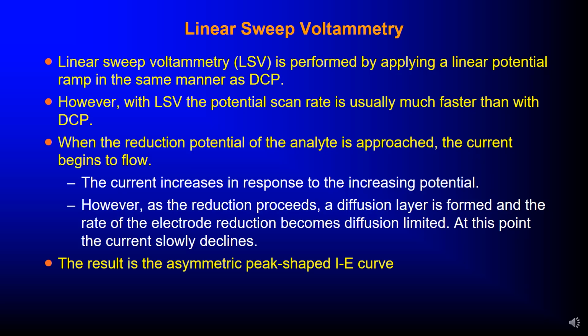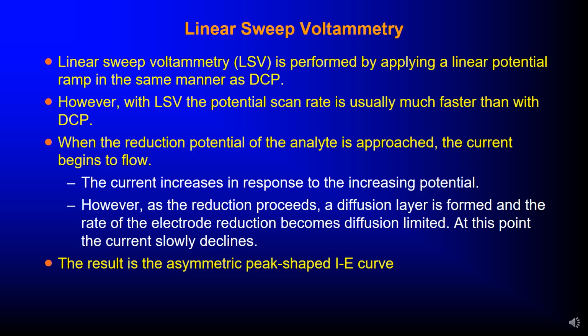However, with linear sweep voltammetry, the potential scan rate is usually much faster than with DC polarography. When the reduction potential of the analyte is approached, the current begins to flow.